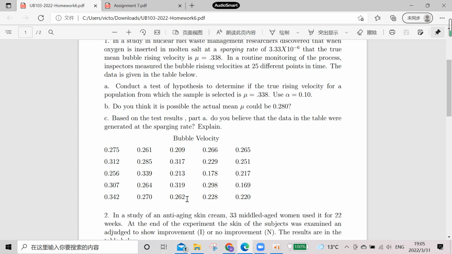The formula is you choose your first number, subtract the mean, and square it. Then you sum all of them up and divide by n if that's a population, or by n minus 1 if that's a sample. Here it is a sample, so divide by n minus 1.